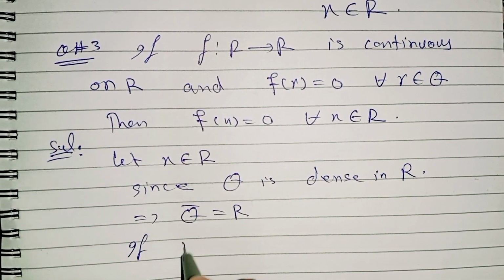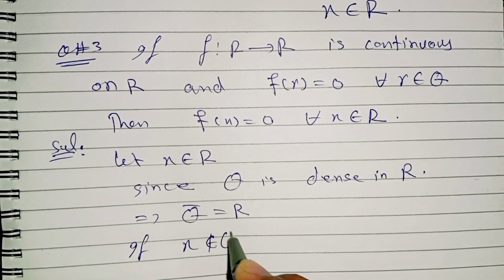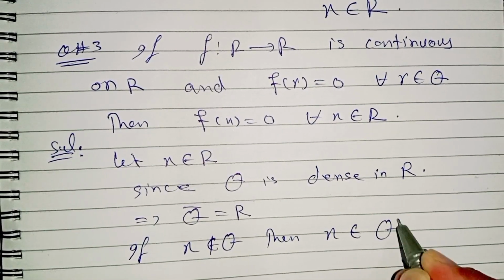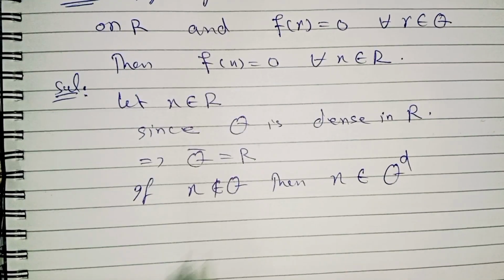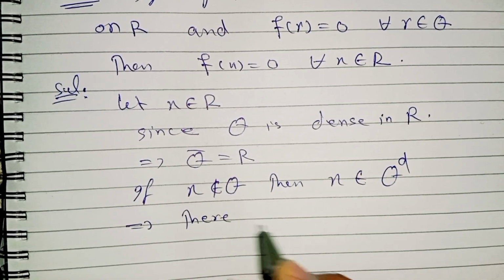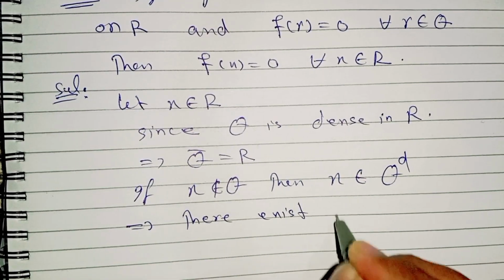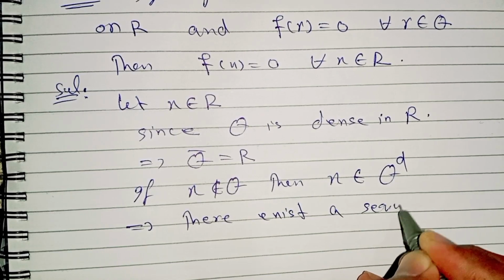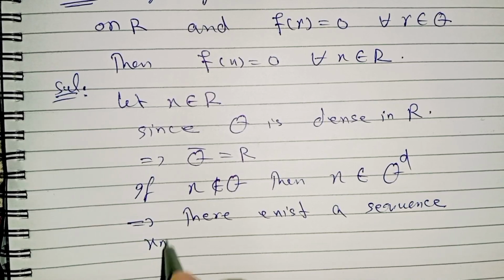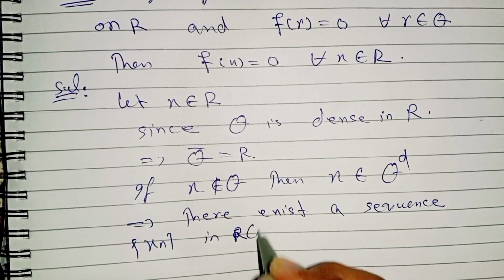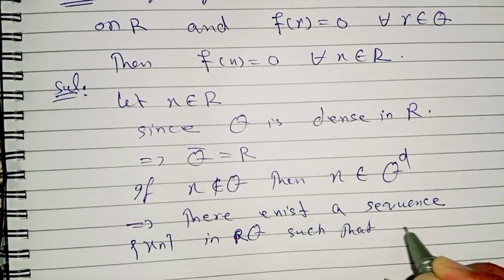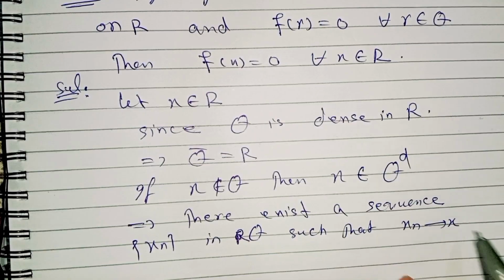If x does not belong to Q, then x belongs to Q derived. This implies that there exists a sequence x_n in Q such that x_n approaches x.